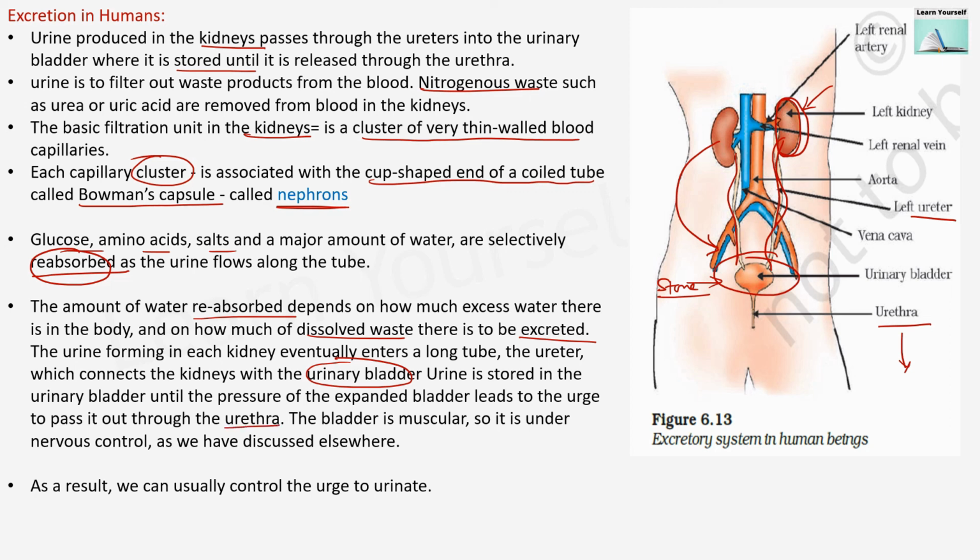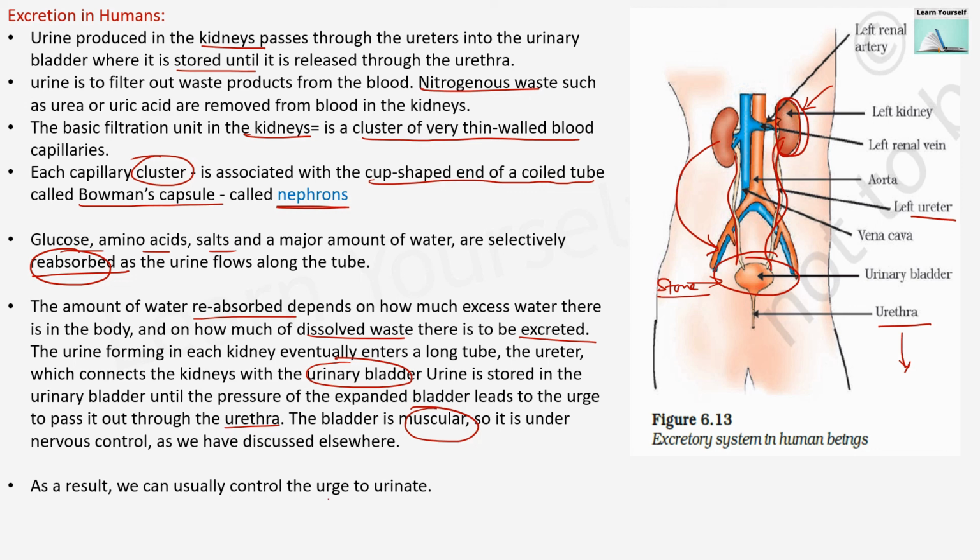The bladder is muscular, and so it is under nervous control, as we have discussed elsewhere. So we can keep that urge under control because it can be controlled by our nervous system, and that's why we can control the urge to pass the urine.